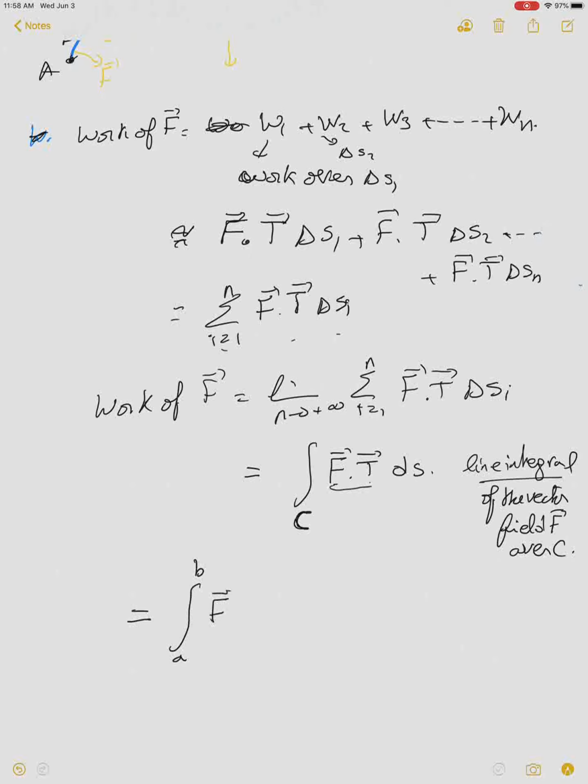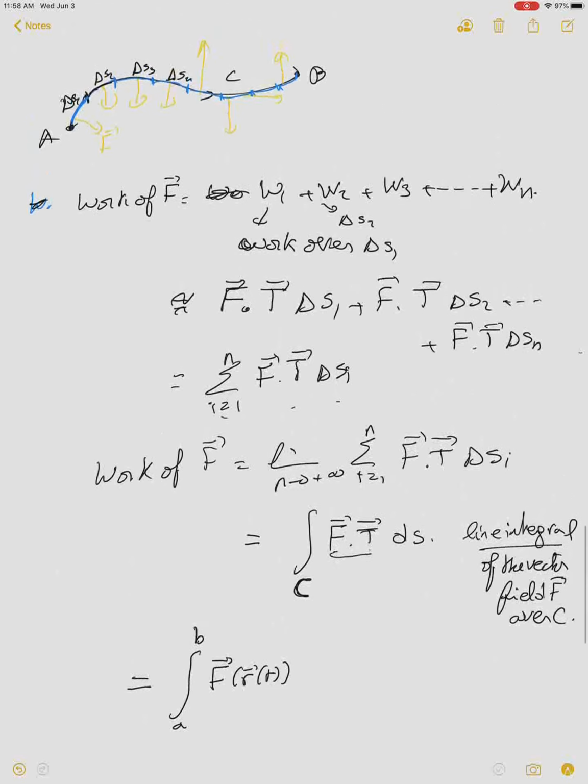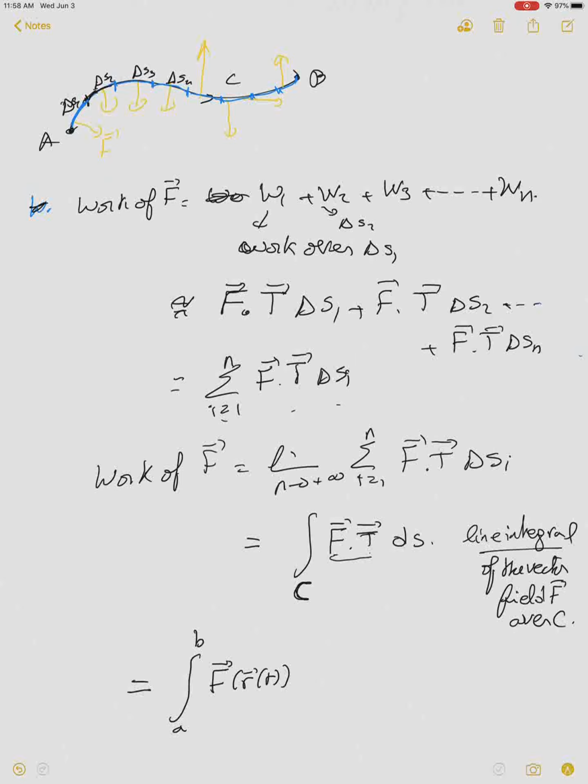So I evaluate this function at r of t. Now what is T? This is T at r of t, and this is equal to v of t over the absolute value of v of t. This is the unit tangent vector at each point r of t. Now what is ds?